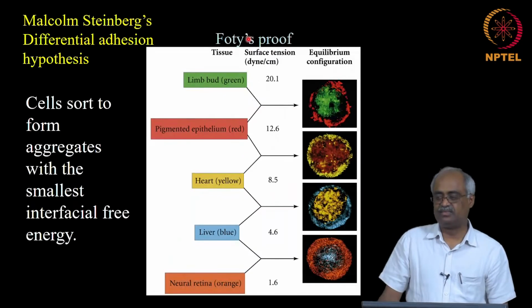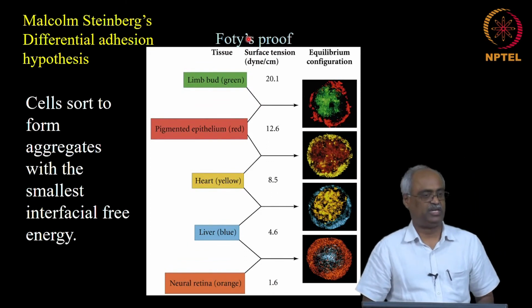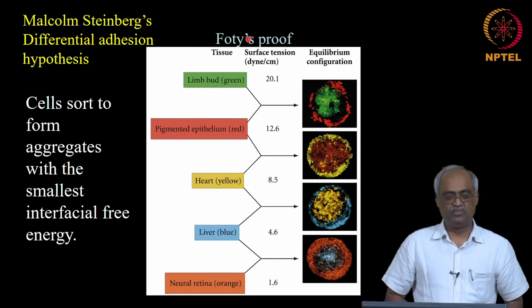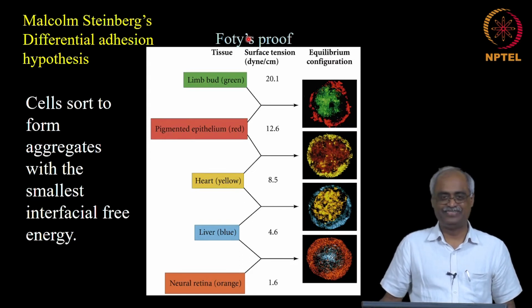So, the next is what is the molecular basis of this, how the surface tensions change. So, you need to remember like yesterday looking at the textbook you felt that the biochemical pathway is known, what is the big deal, but you need to know the pathway, right, you need to discover.